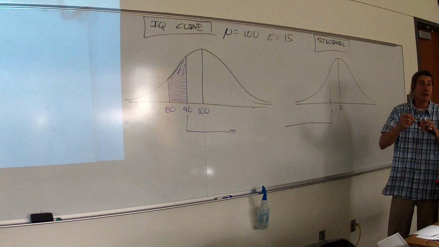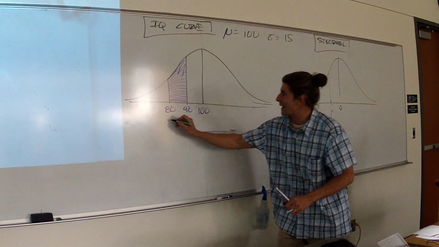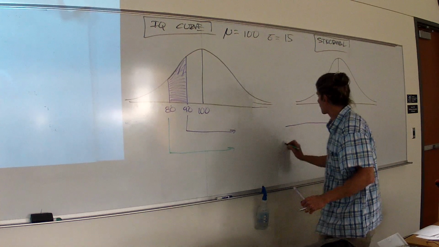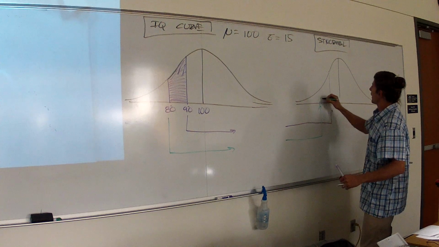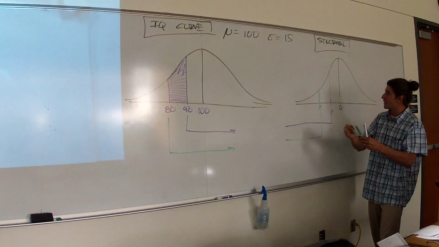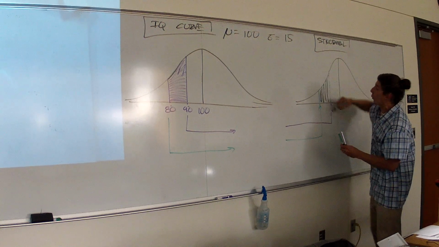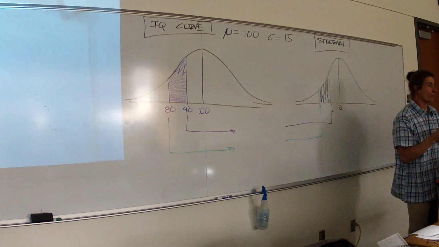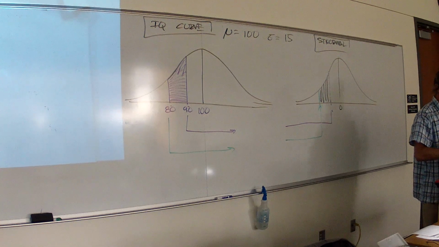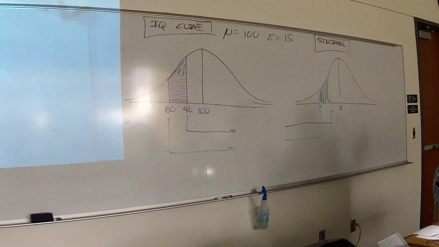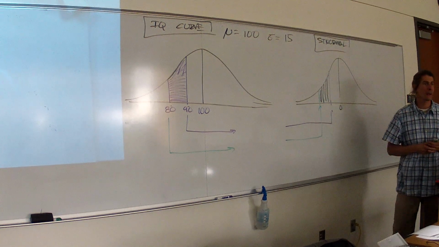And then we need a translation factor that takes this 80 and converts it to something on this curve that's a z. And then when we're done, we'll have the area we're looking for, which is the same as that area over there, -2 to -1. So the question now is, what are those z's?